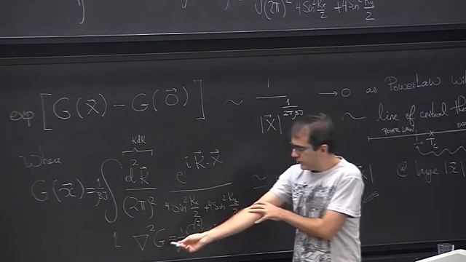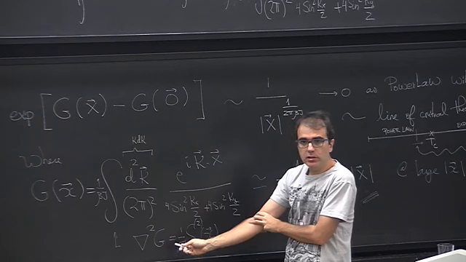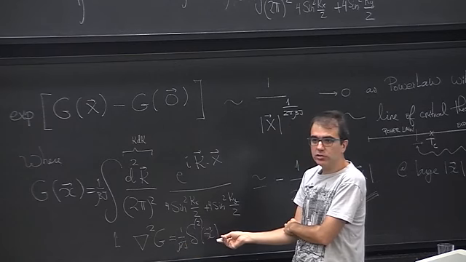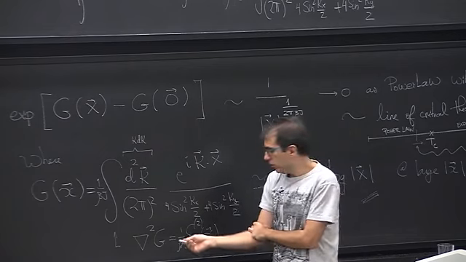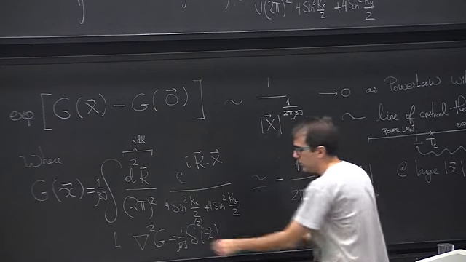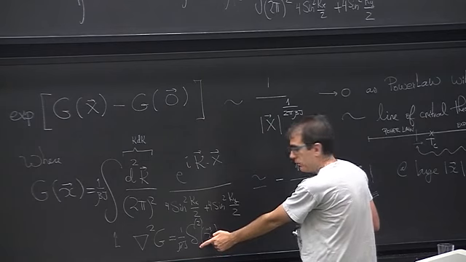And therefore, you see that this G is like the electrostatic potential for a point-like charge in 2 dimensions, right?